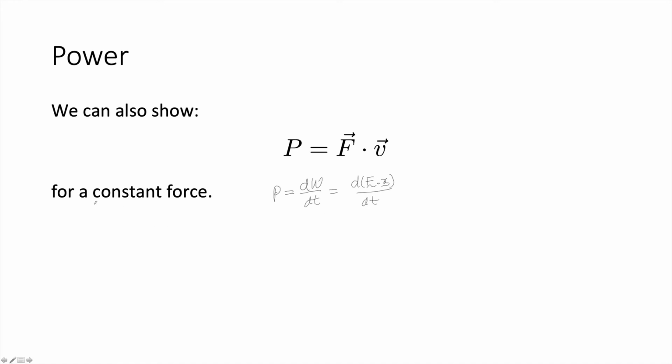Now we're saying for a constant force, so if the force is constant, we can pull it out the front of this derivative. So we've got F dot dx/dt. But dx/dt, the derivative of the displacement with respect to time, is just the velocity. So the power can also be calculated using F dot v.